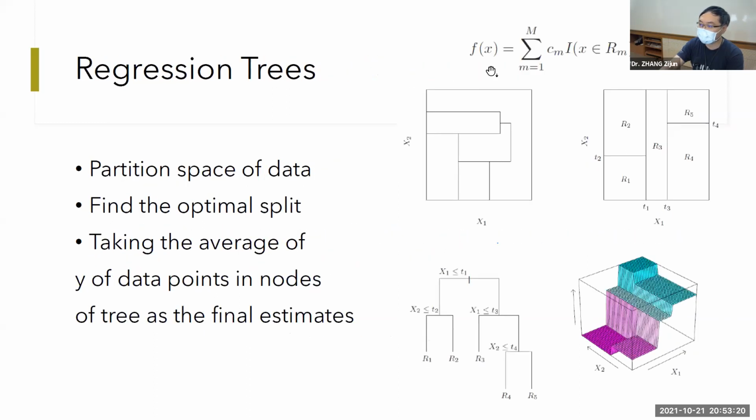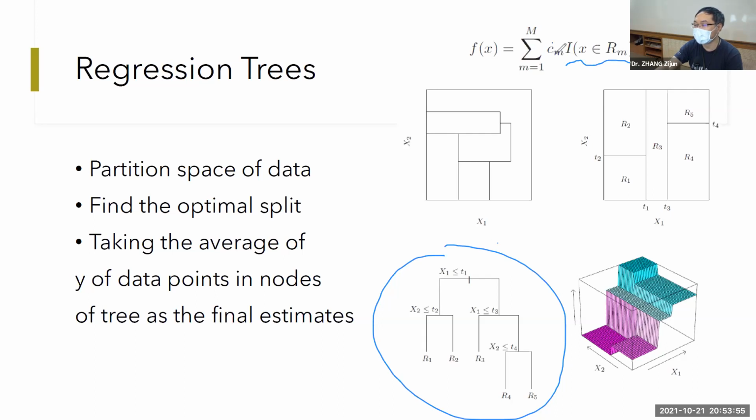Then regression tree. Regression tree is also similar to classification tree, but the mechanism of estimating y is a little bit different. It fits a piecewise constant. So first, according to the tree structure, given a new data point, you find out which region the data belongs to.